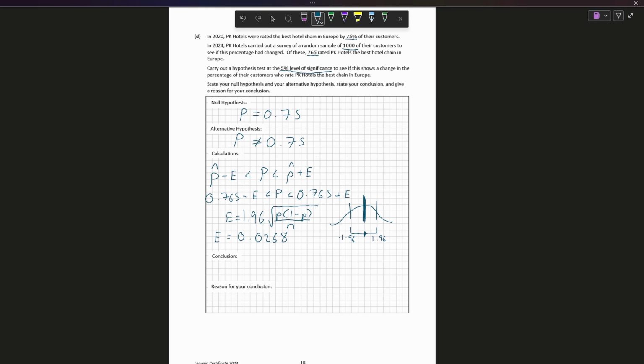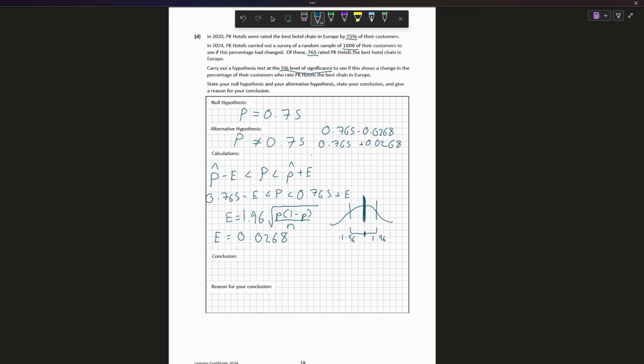Now I'll do it up here. So now 0.765 minus 0.0268, and then the same thing with the plus. So 0.765 plus 0.0268.